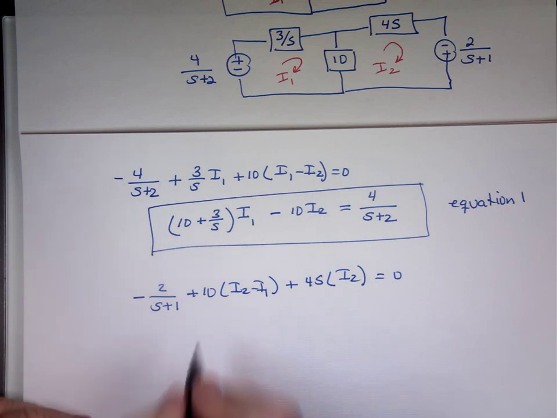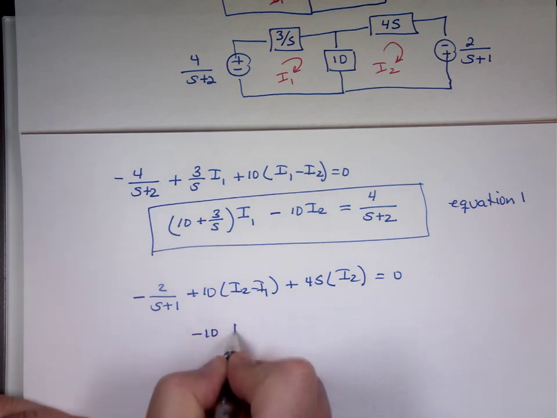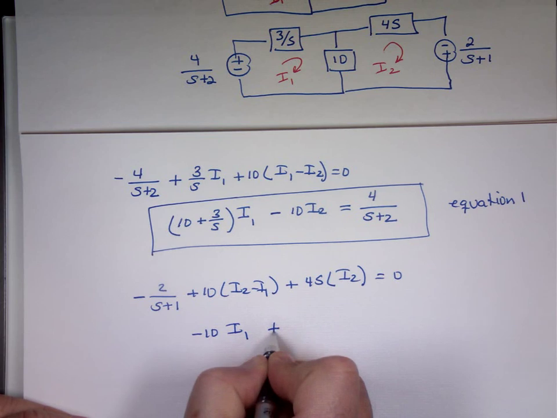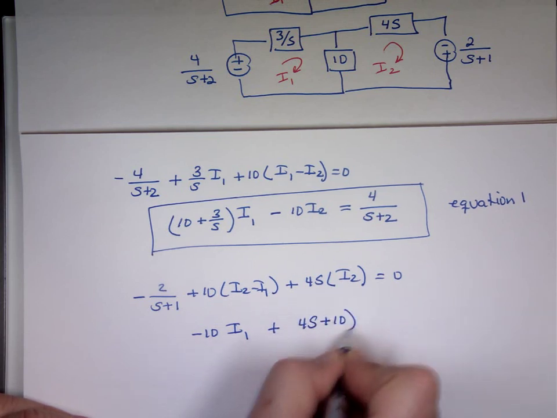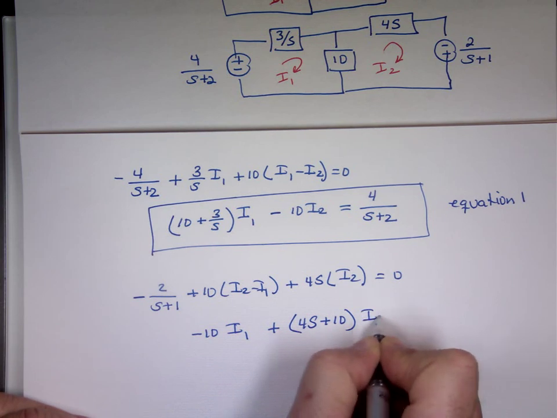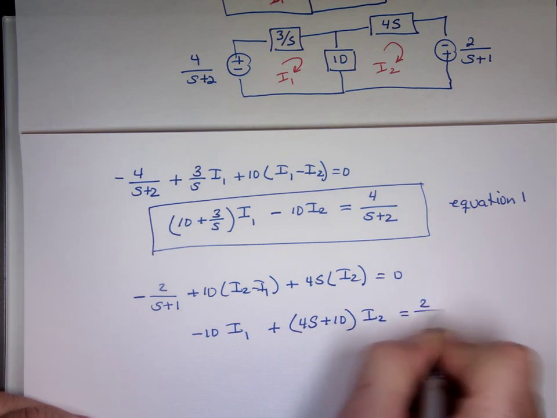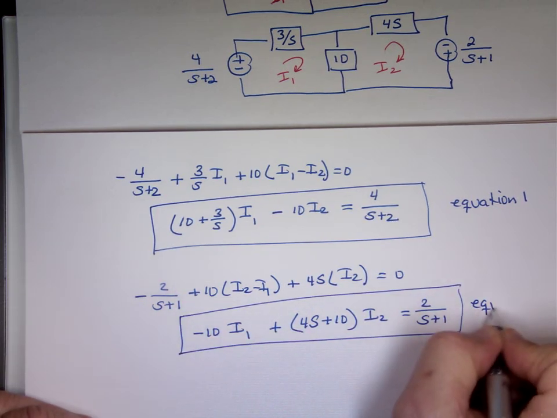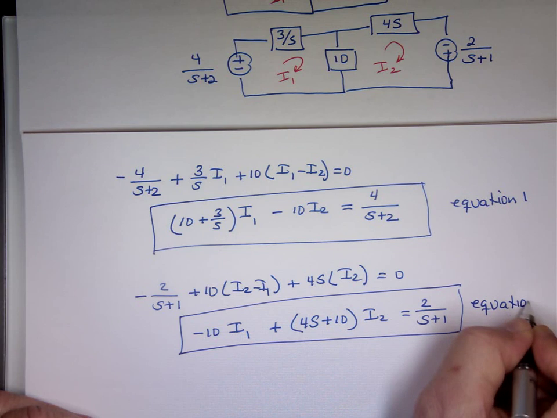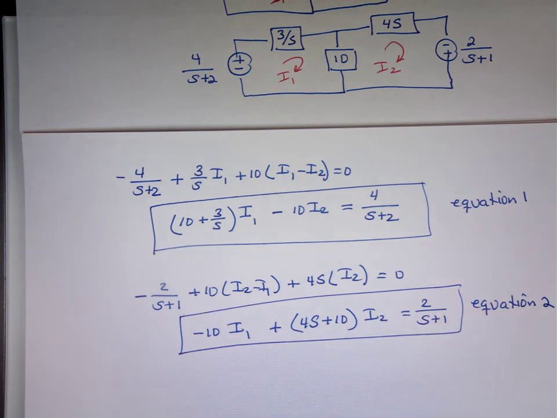Clean it: negative 10 I sub 1 plus 4S plus 10 I sub 2 equals 2 over S plus 1. And again, that's equation number 2. And I need to solve for I sub 1 and I sub 2 and see what we have.